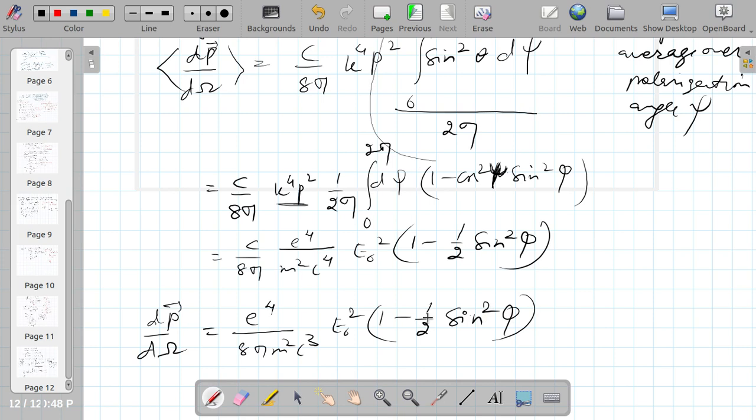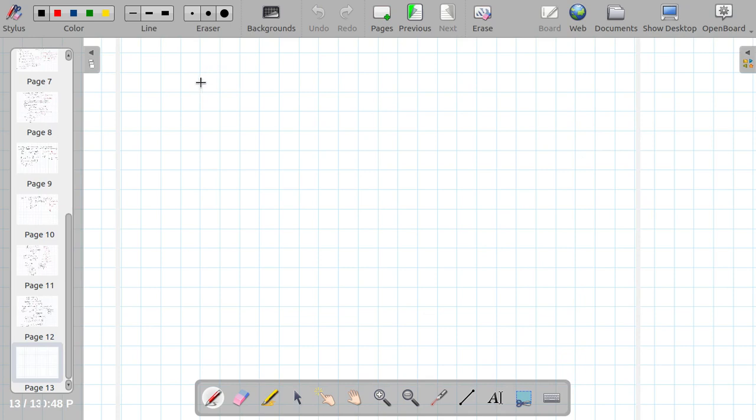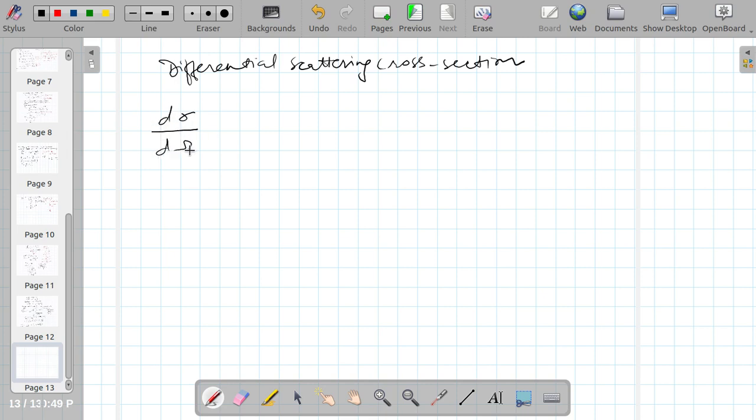Now let us define the differential scattering cross section per unit solid angle, it is d sigma over d omega.